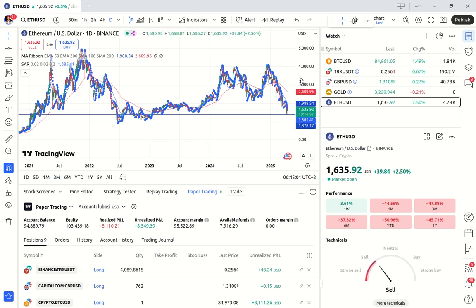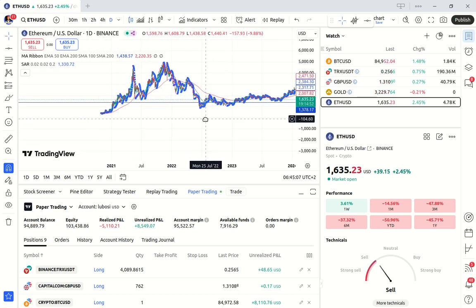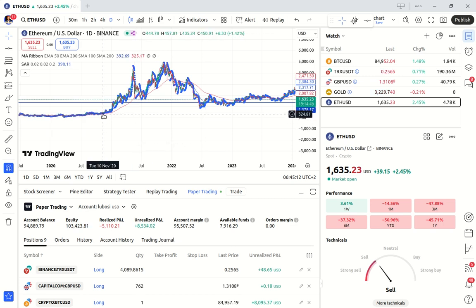Seems it's only good for... I can't see the last dip buy.